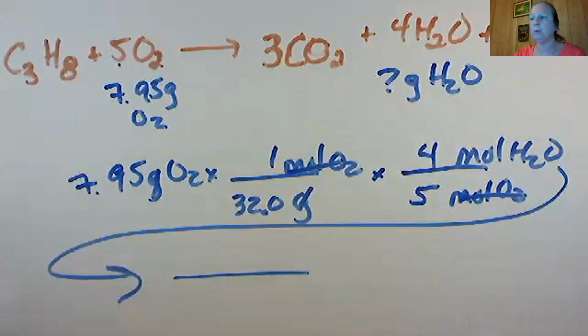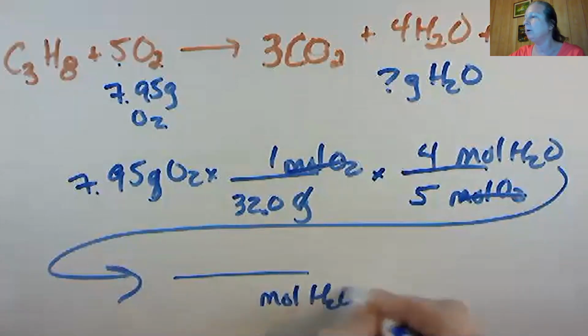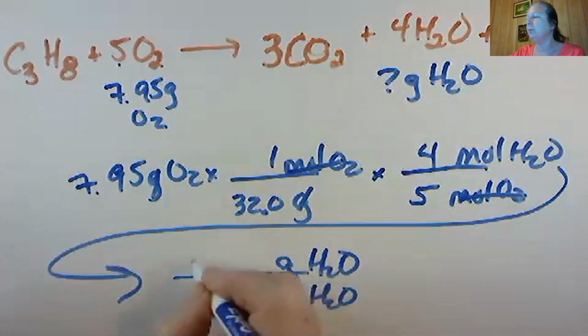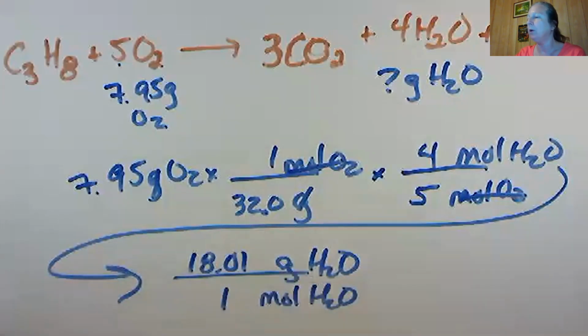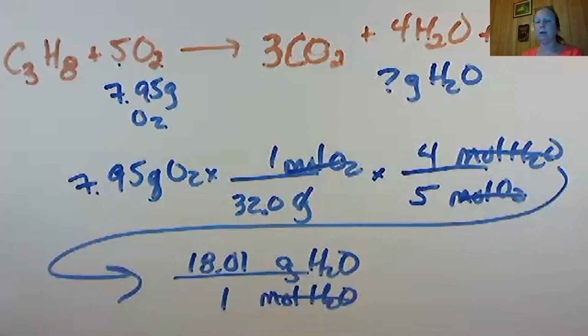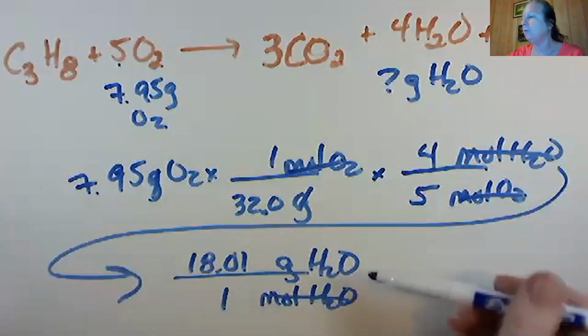Call it the off-ramp of the molar highway. So we're leaving the molar highway. Moles of water goes on the bottom, grams goes on the top. What's our relationship? It's 18.01 grams of water for every mole. We will cross out moles, and there you go. So there's the unit you're looking for, grams of water.